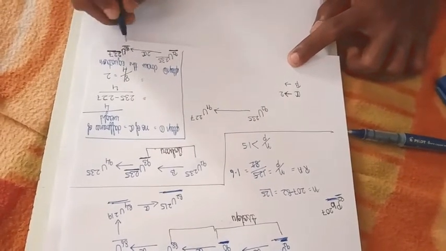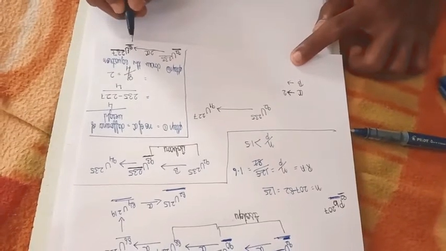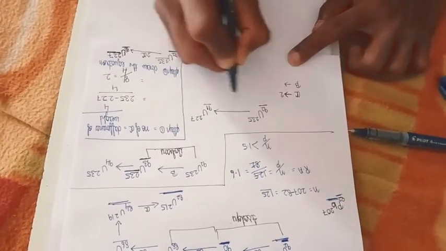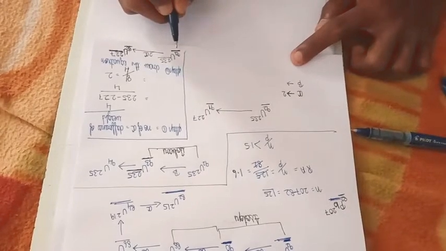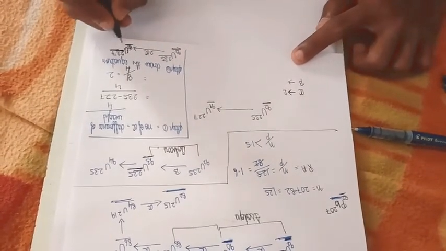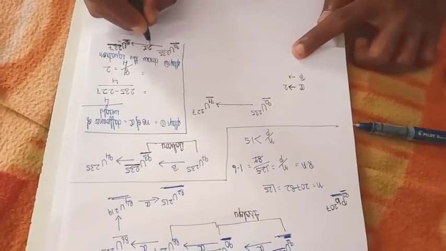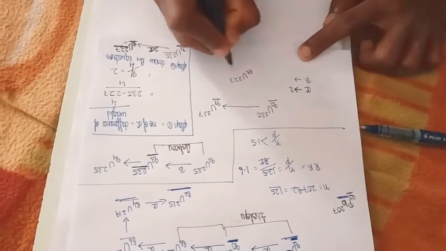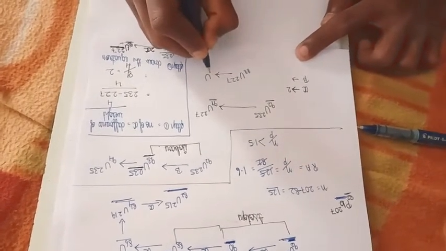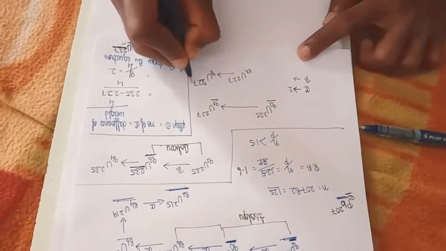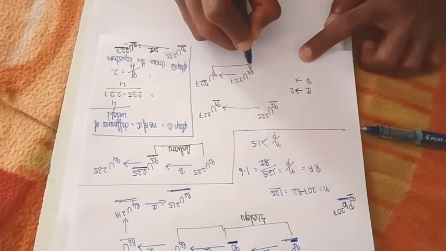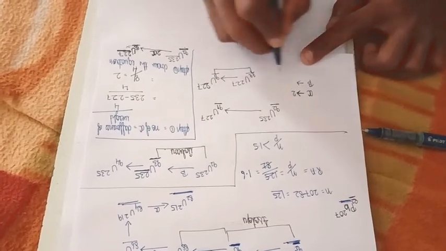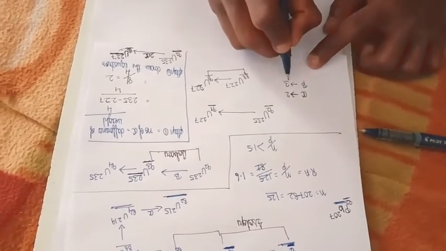The question gives 91 and 227. How much difference is there between 88 and 91? That is 3. Then beta is 3.